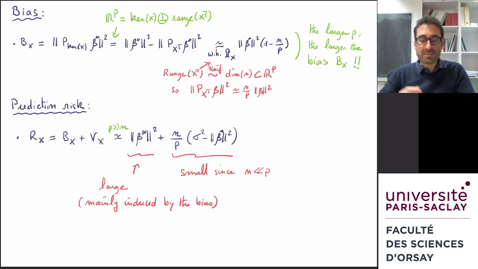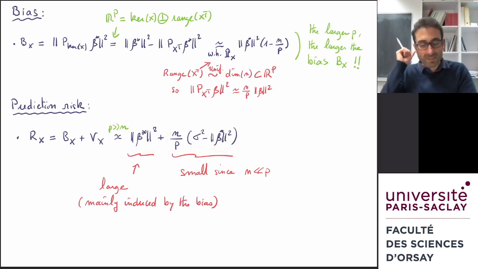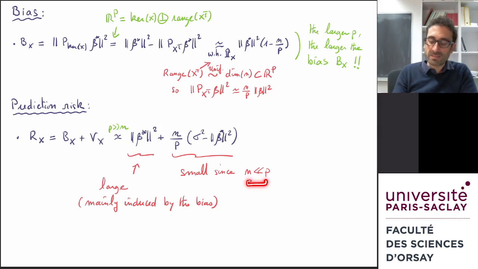So to summarize this isotropic case, when sigma is equal to the identity, the risk is equal to the norm of beta star plus n over p times sigma squared minus the norm of beta star. And what you see is that when p is large compared to n, this term will be small, so you will essentially have this term, which is large.